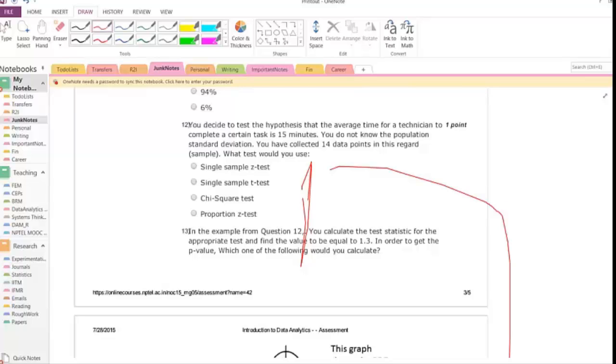If you ask the question, is the average time equal to a certain value, then it becomes a two-tailed test. So you would calculate the test statistic, and the easiest way to make it a two-tailed test is to multiply by 2.